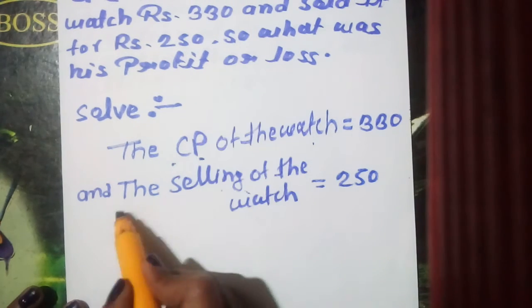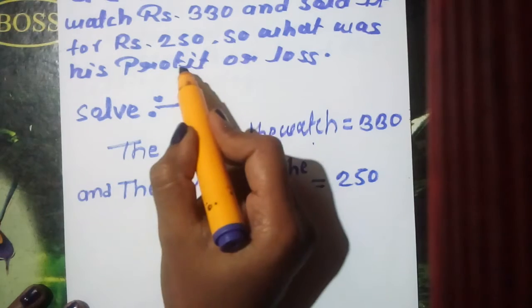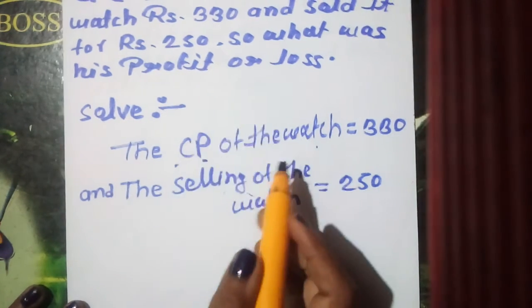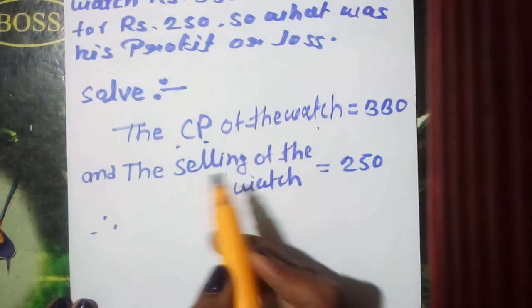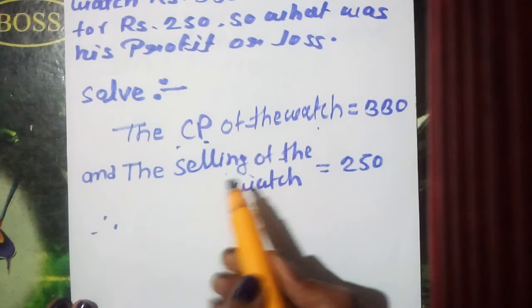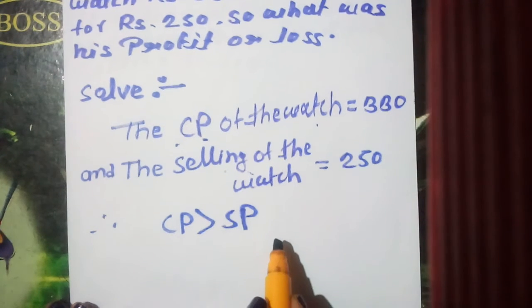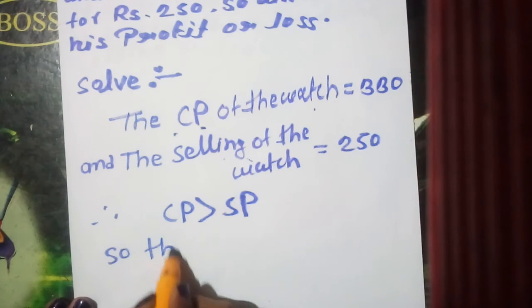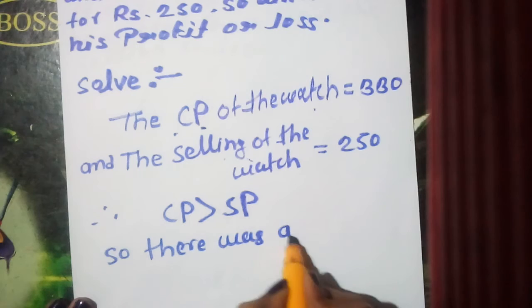The cost price of the watch is 330. The selling price of the watch is 250. So CP is greater than SP, so there was a loss.